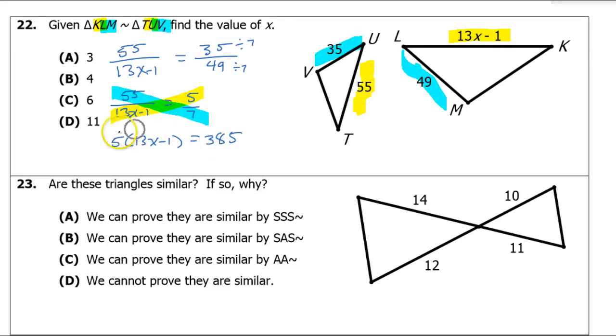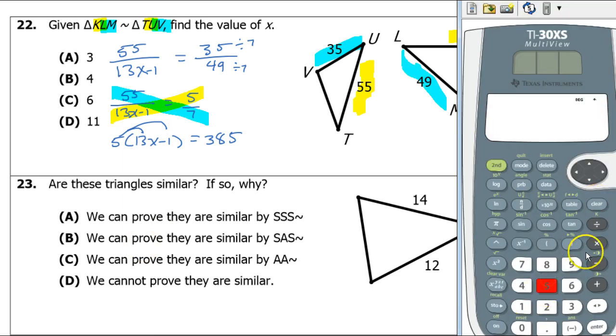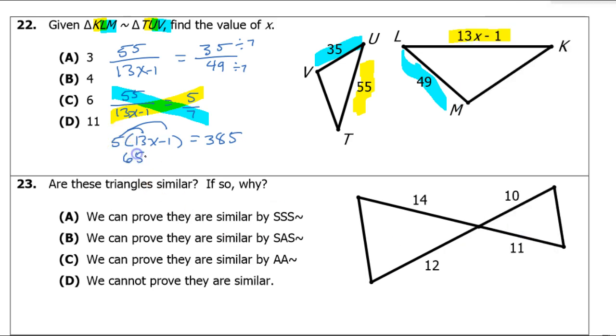So it's just a matter of solving this. It's time for a little distributive property. So we're going to get 65x minus 5 is equal to 385. Once we add 5 to both sides, that's going to give us 65x is equal to 390.